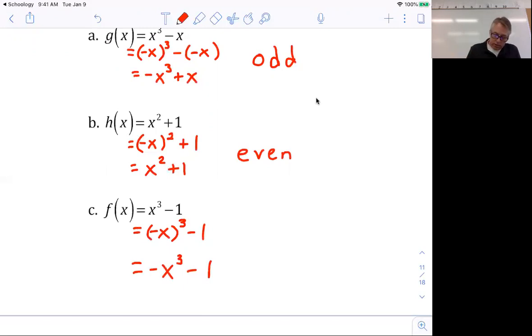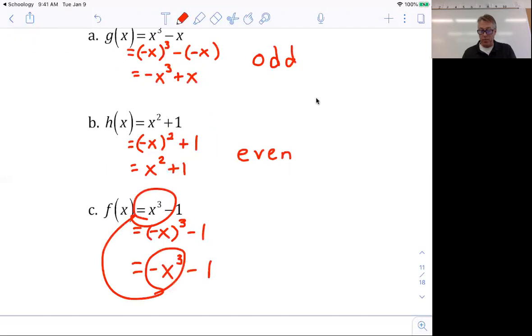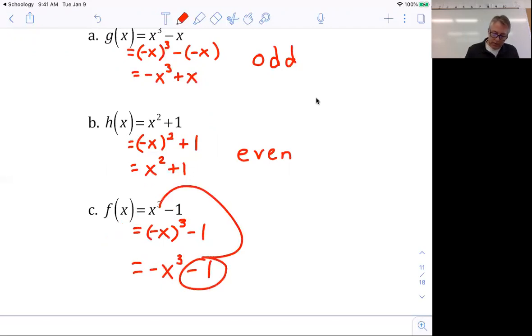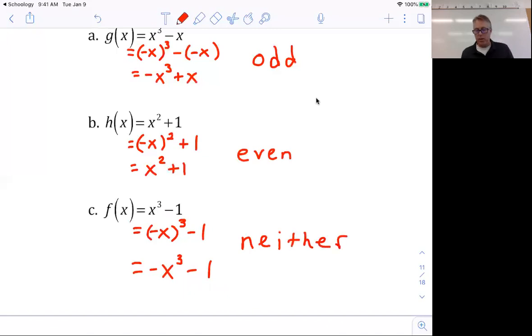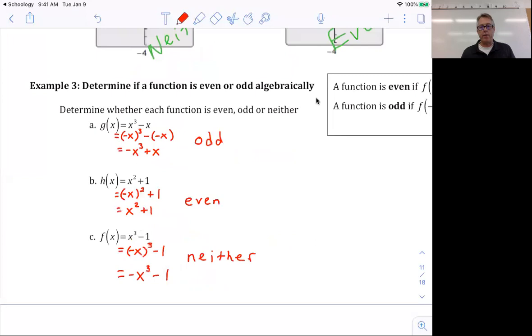Now in this case, that negative x to the third is the opposite of x to the third. So I'm thinking, oh, maybe it's odd. But negative 1 is the same as negative 1. So this one changed and this one stayed the same. Therefore, that is neither. If there's a mixture that some change and some don't, that means it is neither even or odd.